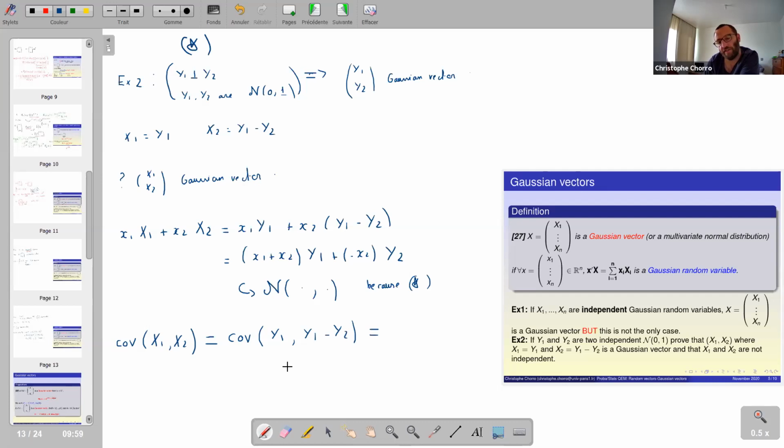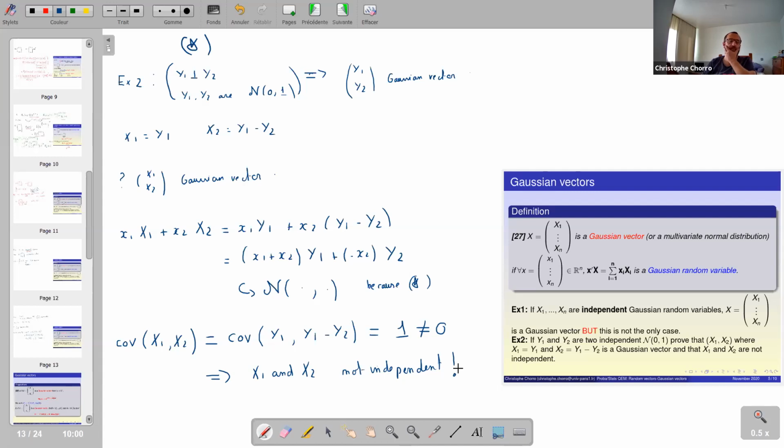Using the fact that covariance is bilinear and y1 and y2 are independent, this is just the variance of y1, which is equal to 1. So I have something that is different from 0, implying that X1 and X2 are not independent.